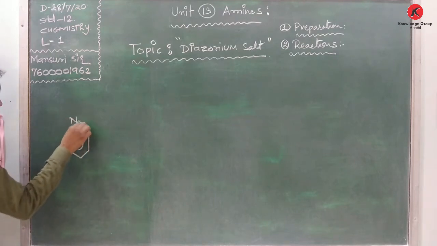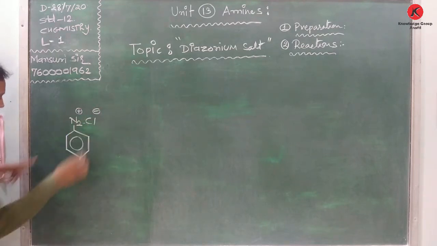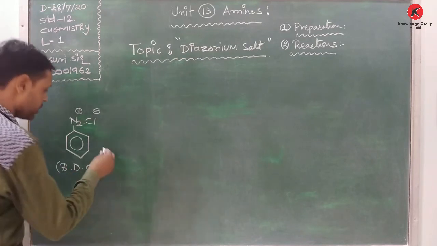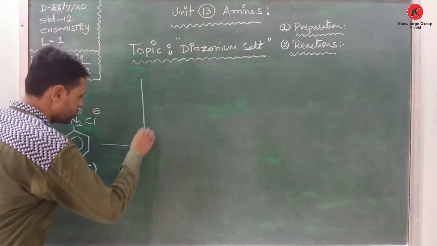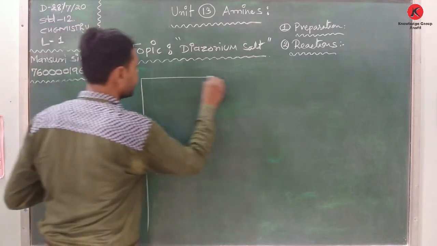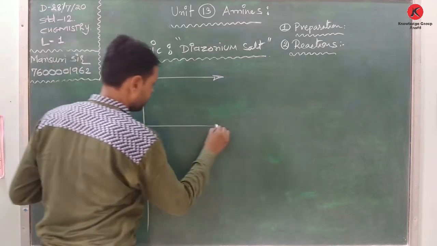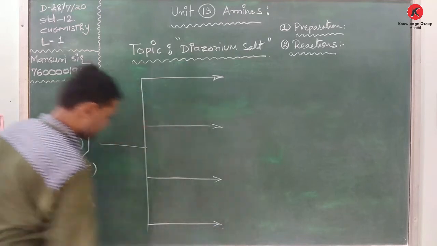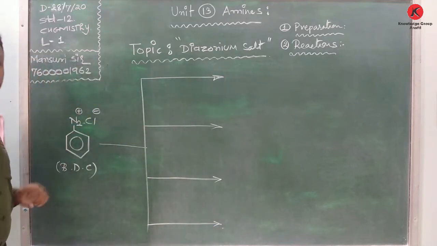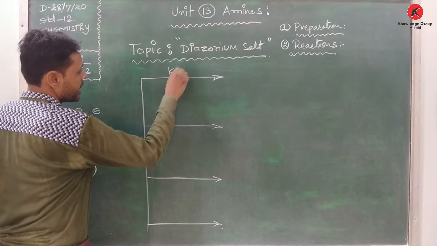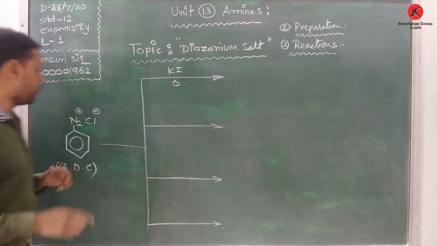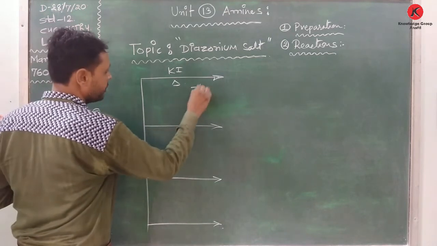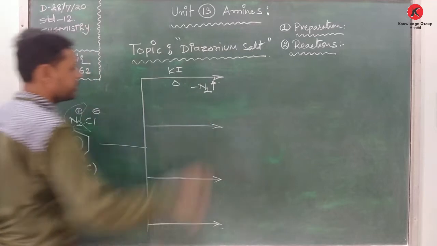Here N2Cl, you know very well that this is benzene diazonium chloride salt. Now benzene diazonium chloride reacts with KI solution, then what will form? Then N2 gas, first of all, will be liberated.